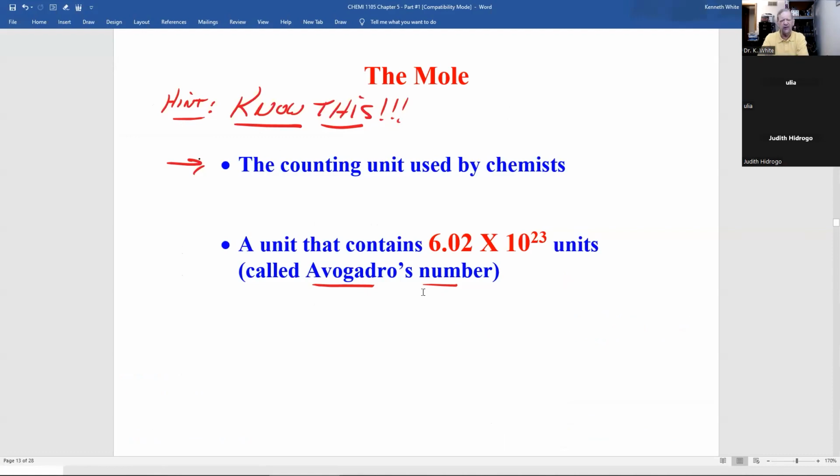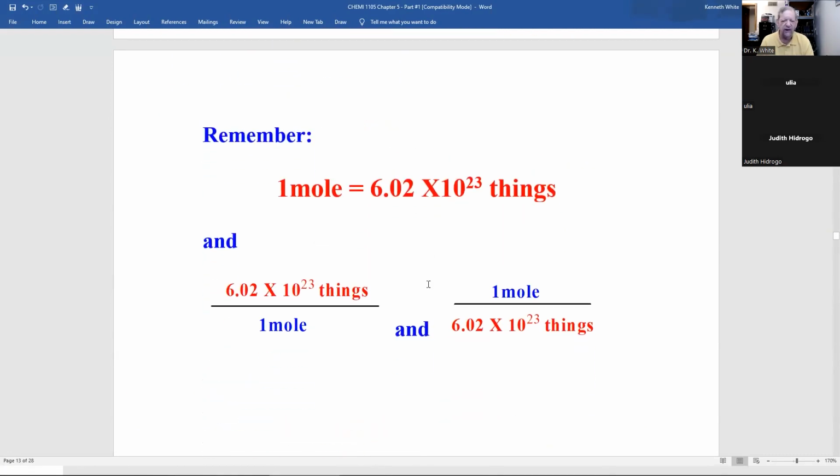Now, why are you getting all excited about a mole? What's so important about it? Now, when we talk about a mole, I better do something right now. Everybody, take a deep breath. Let it out. Take a deep breath.